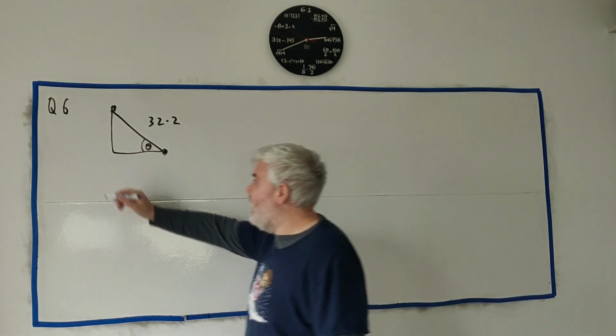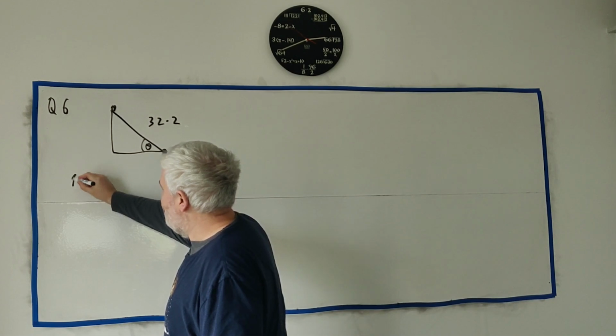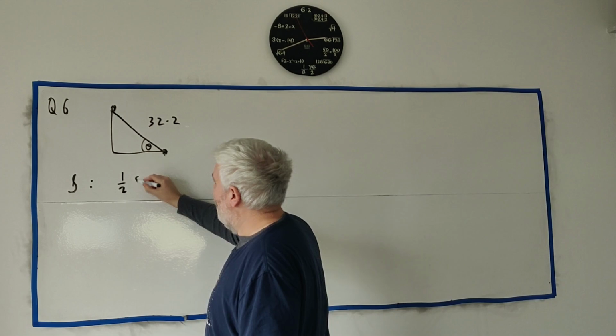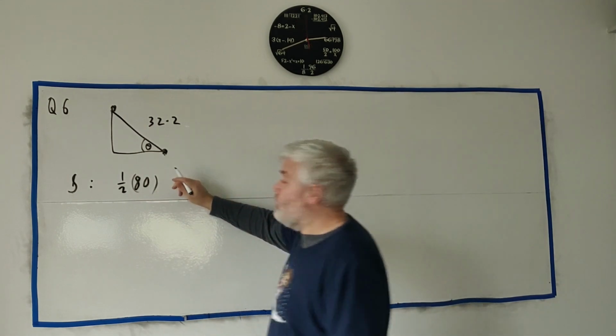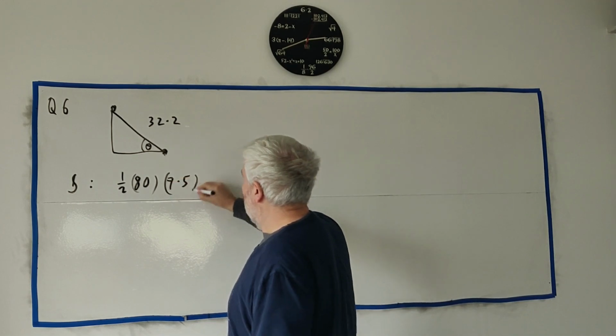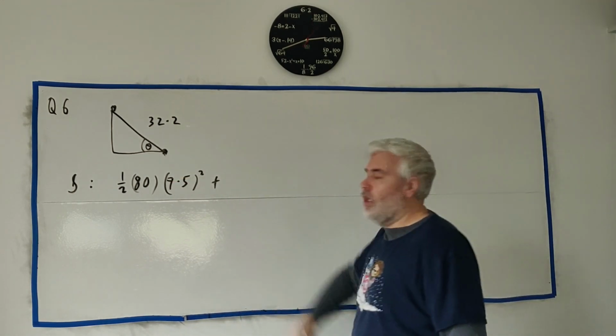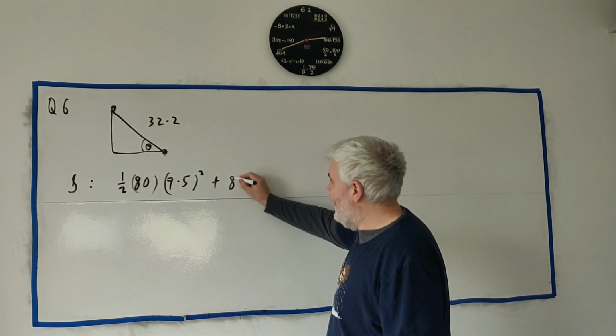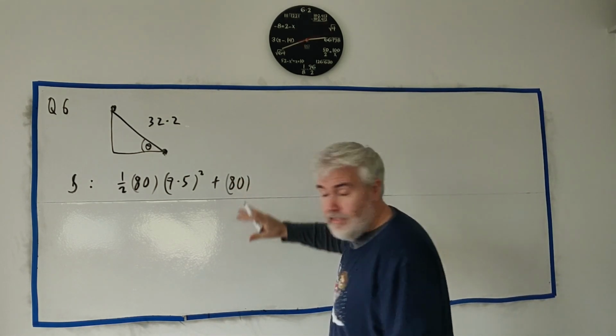So what's the energy at the start of this system? Let's say start here. The energy is a half times her mass times her speed, which is 7.5 squared, plus her potential energy. That's her mass again, times her height.